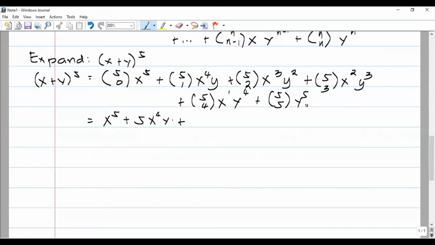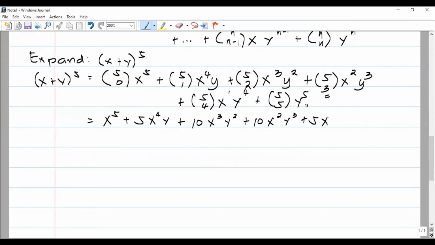Plus the combination of 5 taken 2 at a time is 10, x cubed, y squared. Plus the combination of 5 taken 3 at a time is 10, x squared, y cubed. Plus the combination of 5 taken 4 at a time is 5.